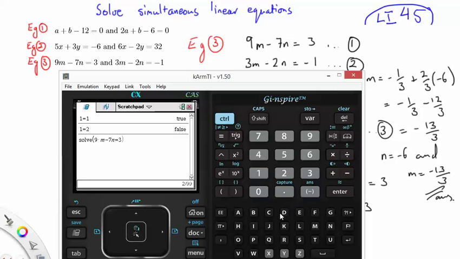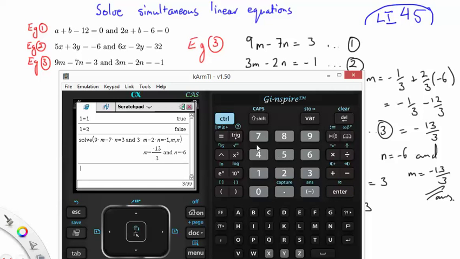So that's one equation, space, and you just type and then the other equation, 3m minus 2n equals -1. And then you can put in your variables, which are m and n. So what this is telling the calculator is solve for this and this. So it's telling it you have to solve, but you have to make sure both work. That's what the AND does.